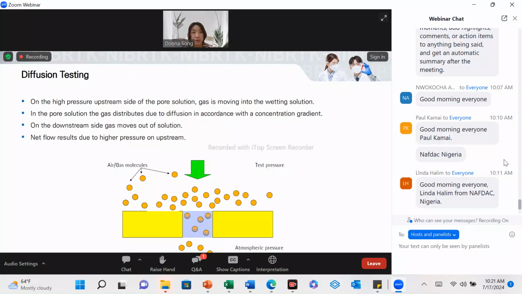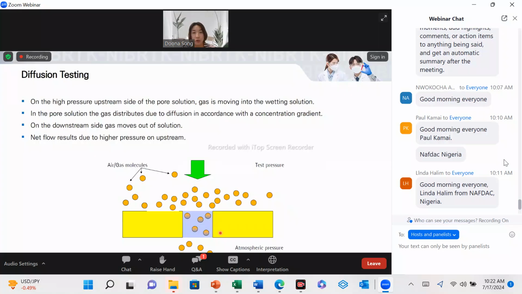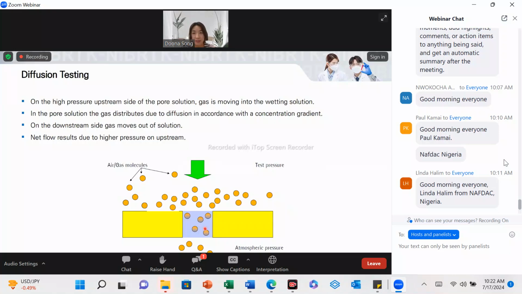So this method, diffusion test, uses the property of the gas to diffuse based on the concentration. When the gas is applied at constant pressure from the upstream to a wetted filter membrane, this gas dissolves into the wetting solution, and the dissolved gas then exits onto the downstream side.